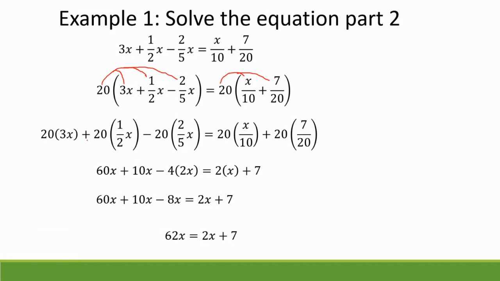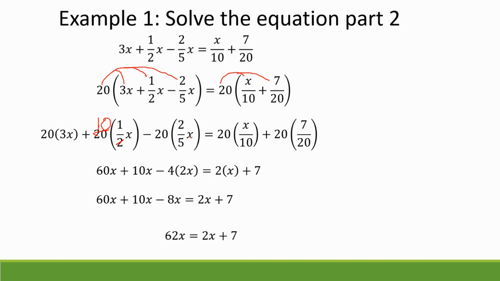What ends up happening is there's going to be some cancellation. For instance, the first term, there's no cancellation because there's no denominator there. Here, with 20 times 1 over 2 times x, the 2 goes away, 20 becomes 10. That's how we get 10x below it. This becomes 60x.